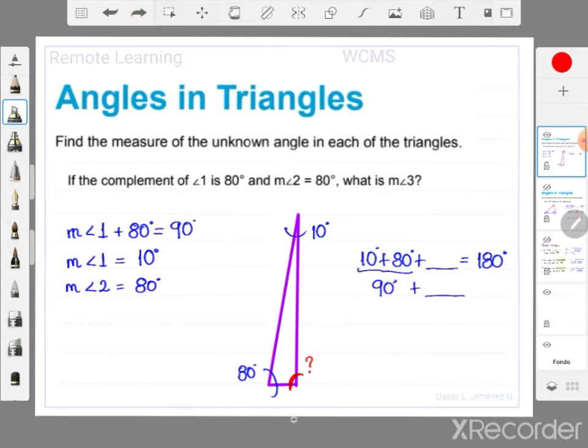So 90 plus the measure of angle number 3 equals 180 degrees. So please, which number added to 90 degrees equals 180 degrees? Very good, 90 degrees. So the measure of angle number 3 is 90 degrees.